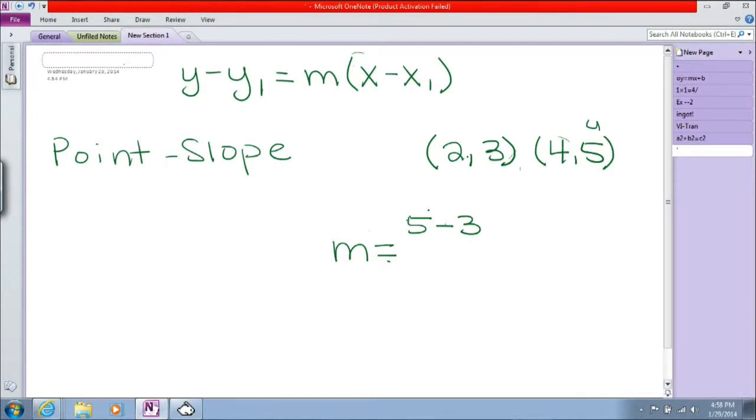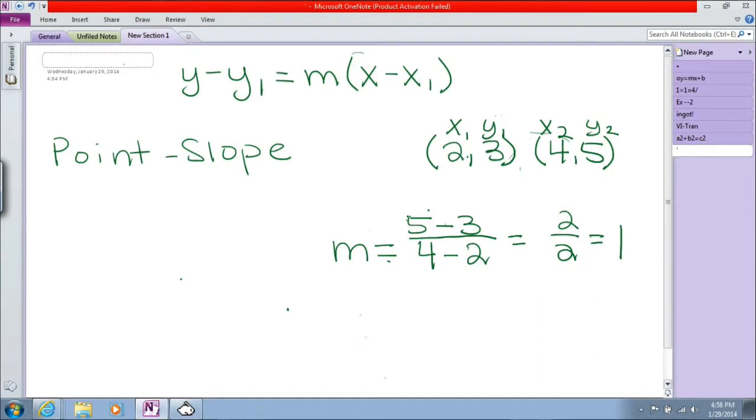So our y2 is 5 and our y1 is 3. And those go over our x1 and our x2. And so our x2 is 4 and our x1 is 2. So we'll subtract and we'll simplify. So I have 2 over 2, which means my slope is 1 in this case.